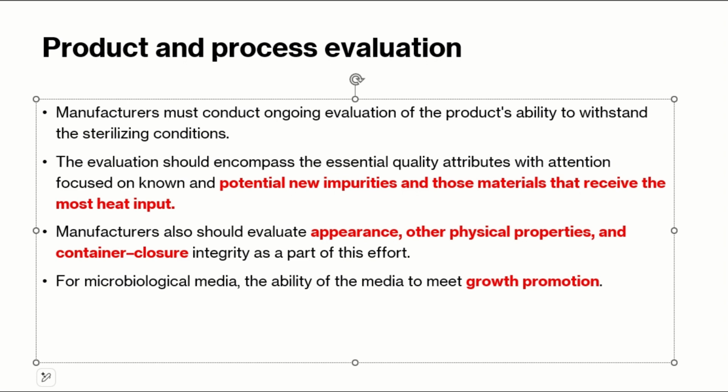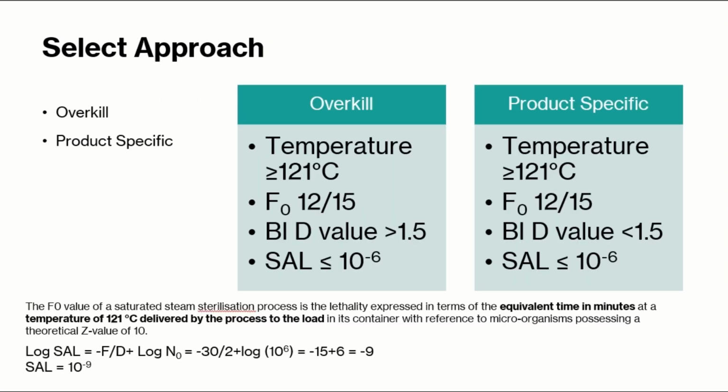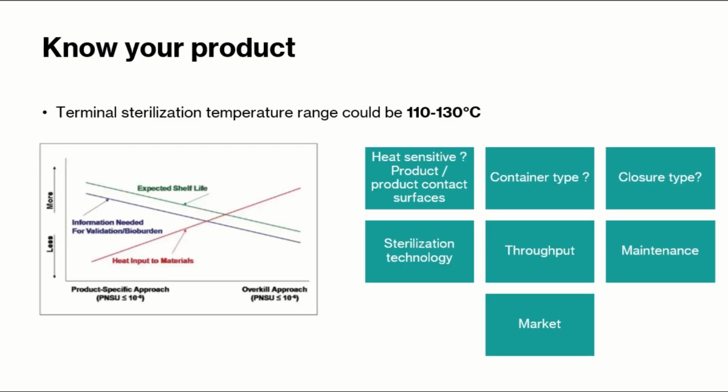Yeah. Let's talk about the approach quickly. So as I mentioned in my first slide, if you remember, it's the overkill and product specific approach, so it needs different kinds of information. If I go back to my slide, you should see when I mentioned two processes. Overkill is always high heat history provided to the product, and when you provide a high heat history, your shelf life could be reduced because the product is stressed too much in the heat.